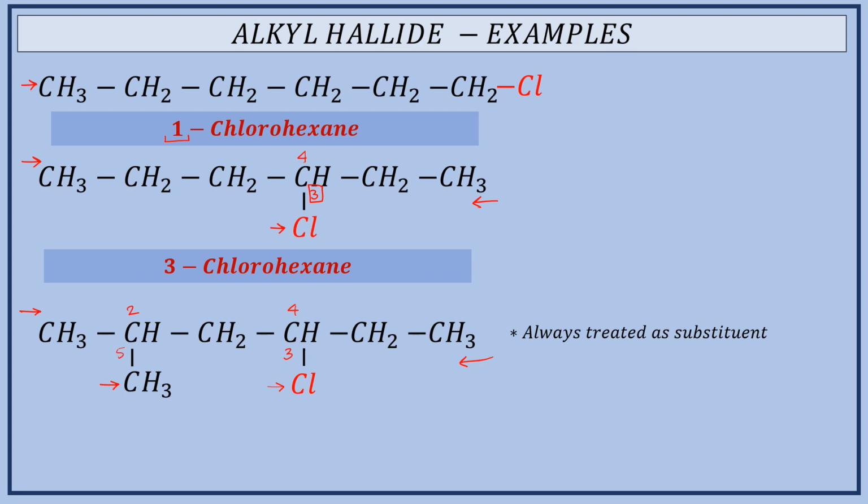So we will follow the numbering system which gives the lower positions to these substituents. The compound will be named as 4-chloro-2-methylhexane. Please note that while writing the final name, we arrange the names of the substituents in alphabetical order.